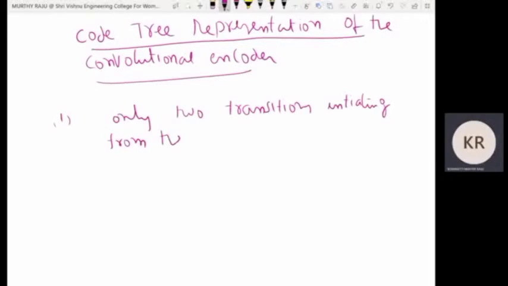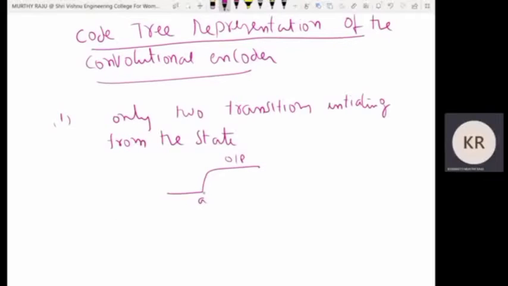Let us suppose you are in state A. Input bit is 0, goes to next state with some output.